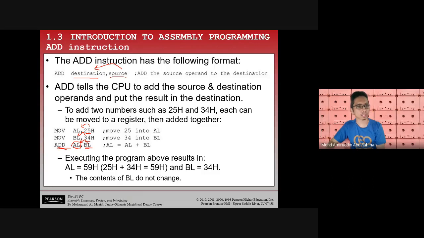So 25 is added to 34, and we have 59. Now the result AL becomes 59, and BL still remains at 34H. So remember that the source value will not change.